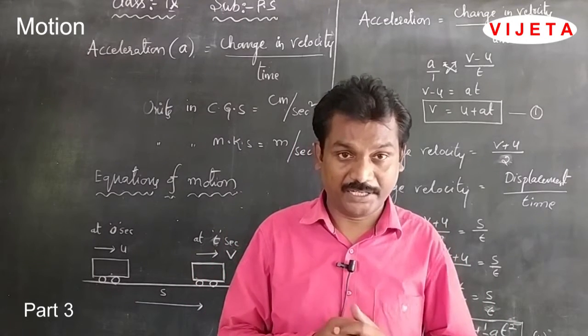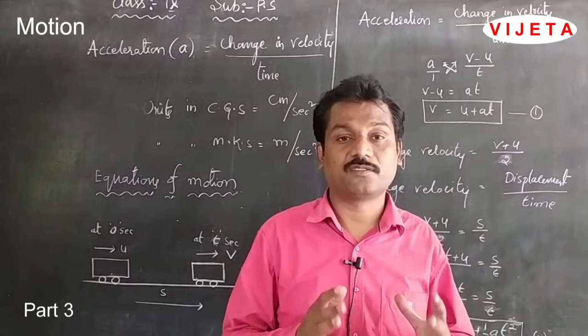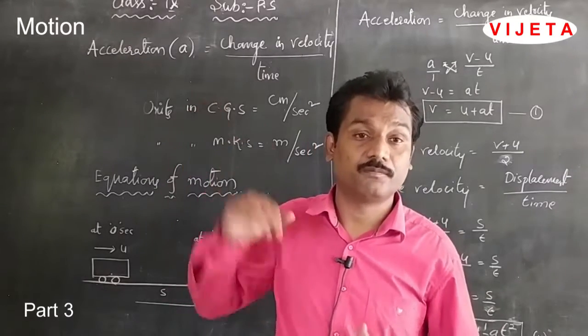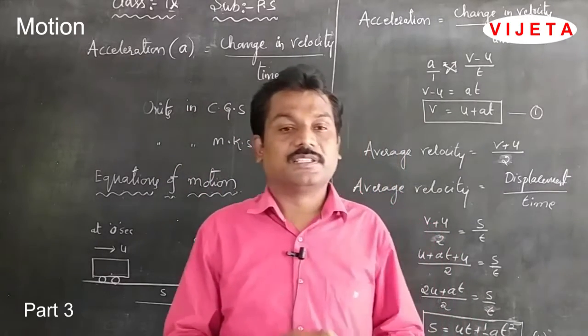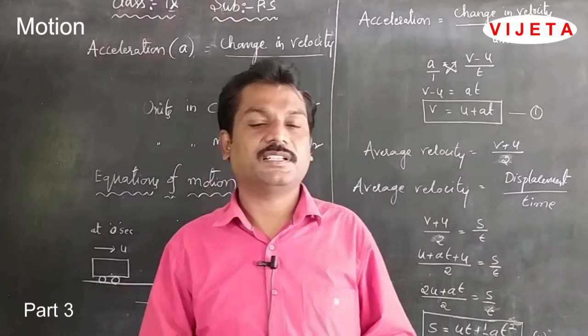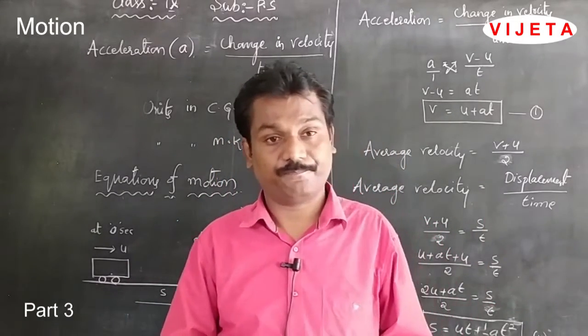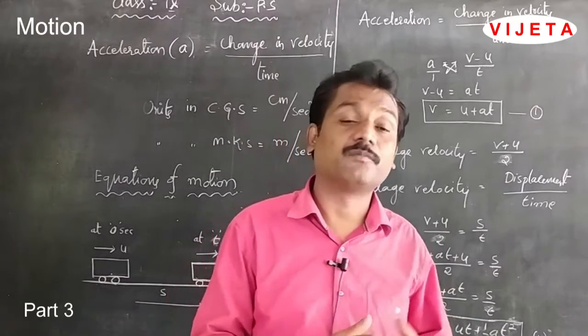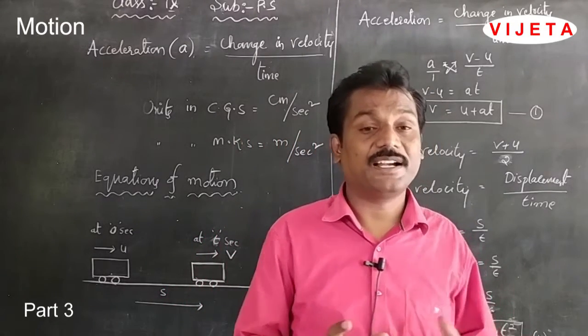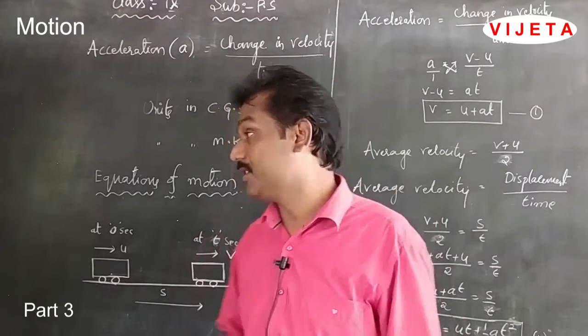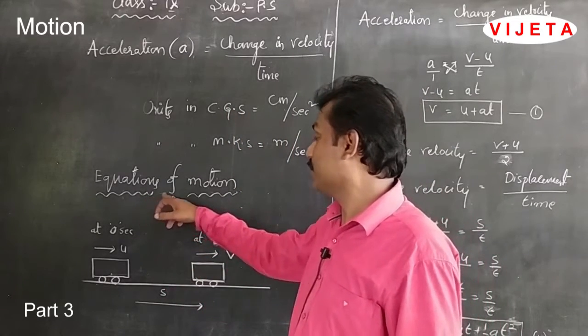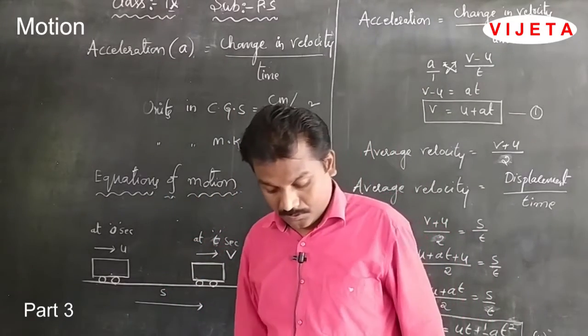Keep these two points in mind, as they are very useful while solving problems based on motion. Now, students, there are some equations for determining the motion of an object, or in order to understand the motion of a body, we require certain equations. Those equations are called equations of motion.